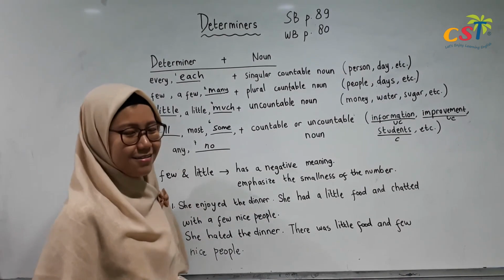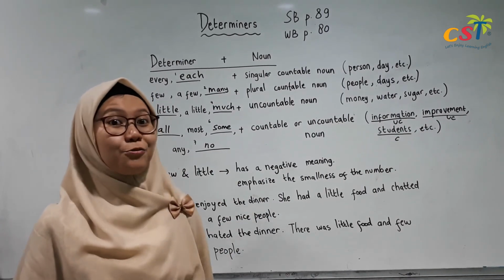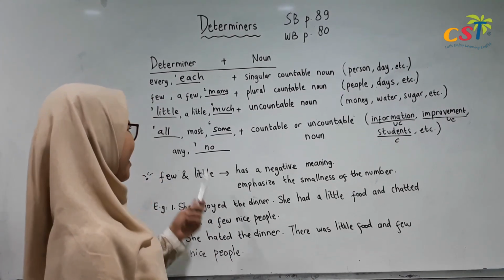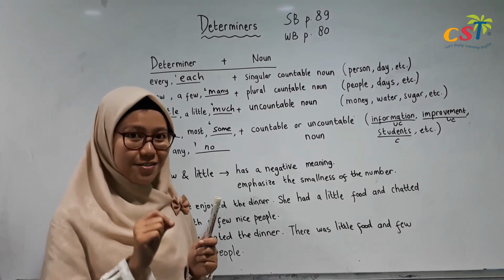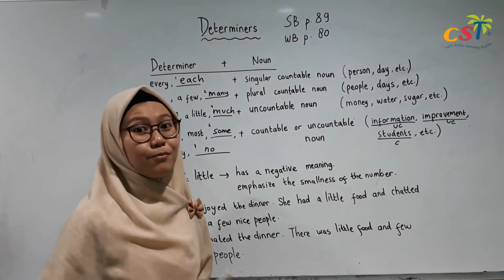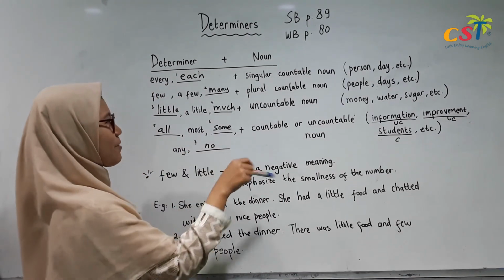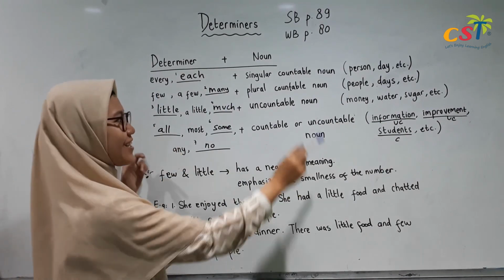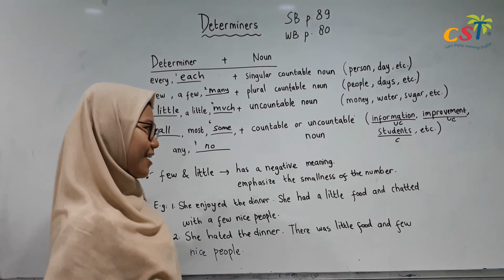Most of us stay at home, but there are some others that have to work outside. And then we have any. Any is used for the negative sentence. Also, no. No students come to school these days. So remember, you have to note this so that you can do the exercise later, okay?